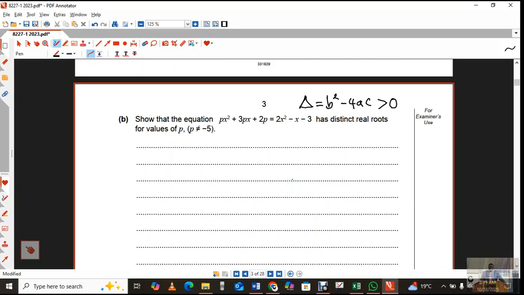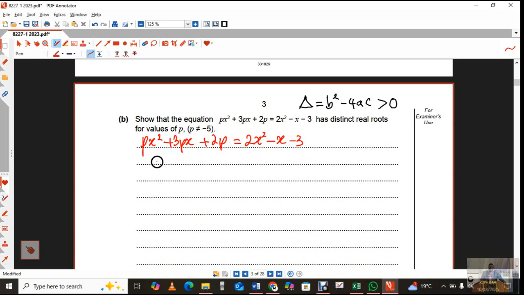I'm going to take the two equations and equate them to each other. I have px squared plus 3px plus 2p equals 2x squared minus x minus 3.